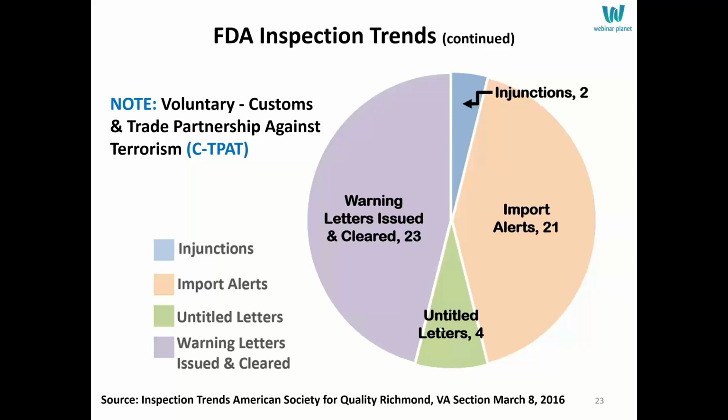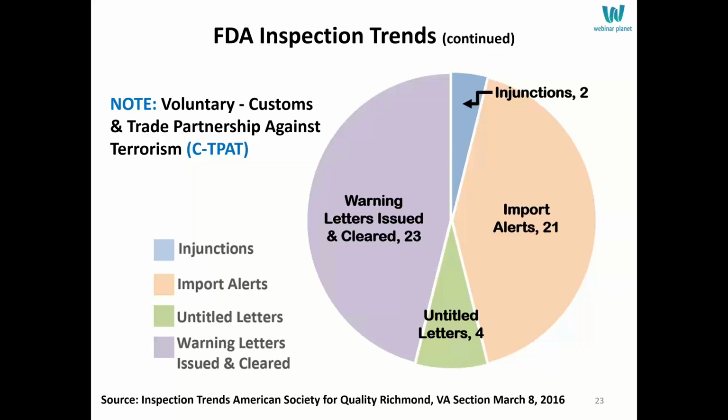Now, this shows the various warning letters and import alerts being issued by FDA. And note that any of the companies that are in the life science industry, anything regulated by FDA, these products are subject to counterfeit activity. And counterfeit activity, the revenue from that generally goes to support terrorism around the world.